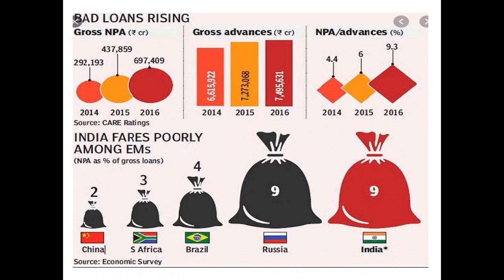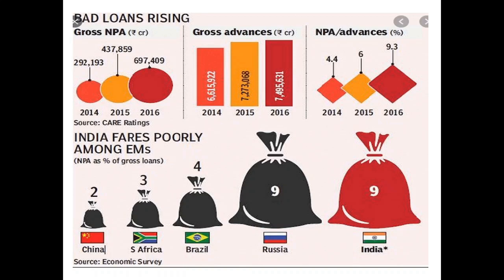The total loan exposure, which includes the realizable value of security also, is shown in the first chart, where you see the quantum is increasing year over year. In 2014, the smaller circle is converting into an orange-colored bigger circle, and then a red color, extremely big in 2016. And this trend is carried forward year over year.